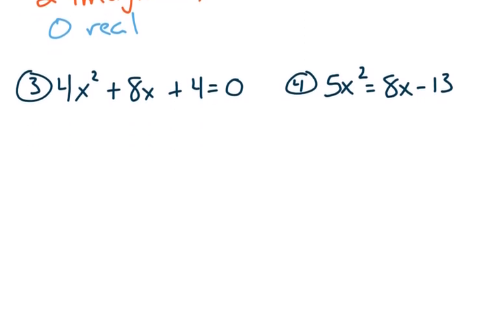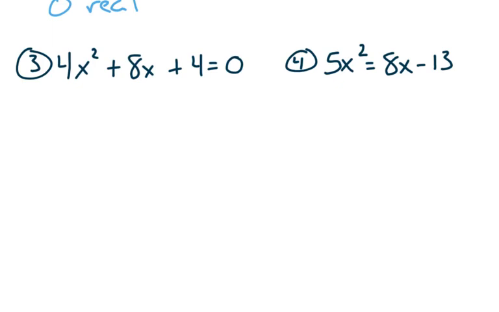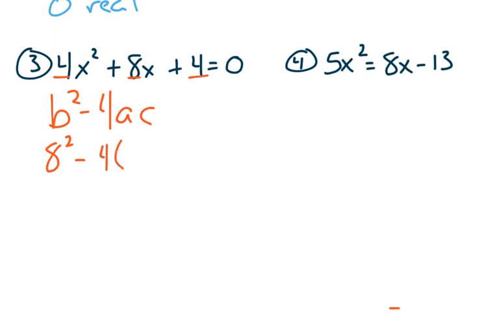Okay, let's try another one here. Number 3, 4x squared plus 8x plus 4 equals 0. Again, b squared minus 4ac. Here's a, here's b, here's c. So we're going to start with 8 squared minus 4 times my a, which is 4, times my c, which is also 4. Let's see, 8 squared is 64.